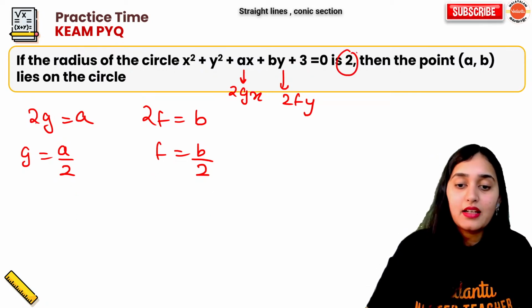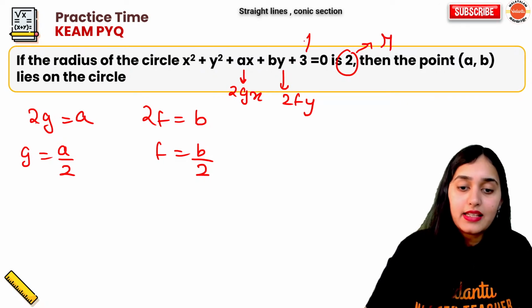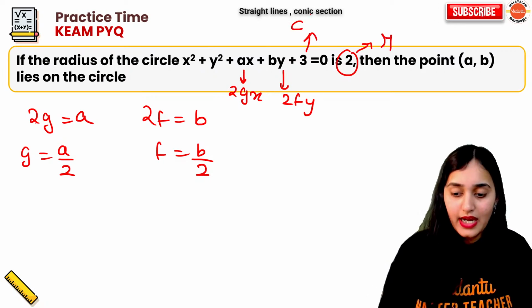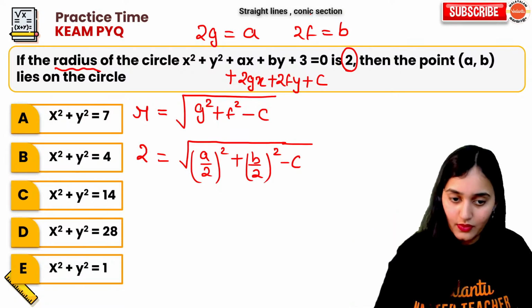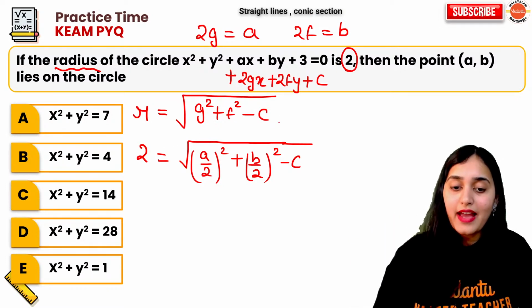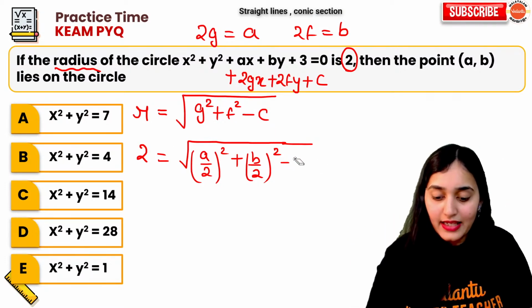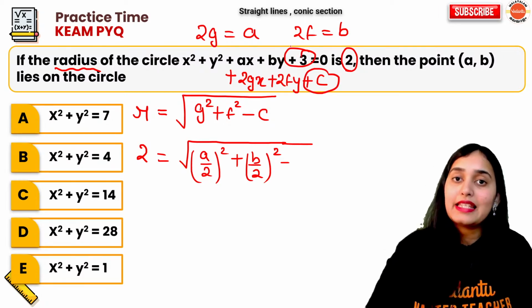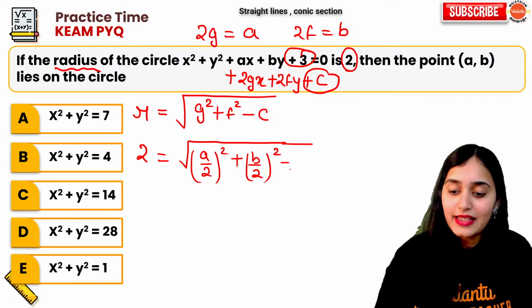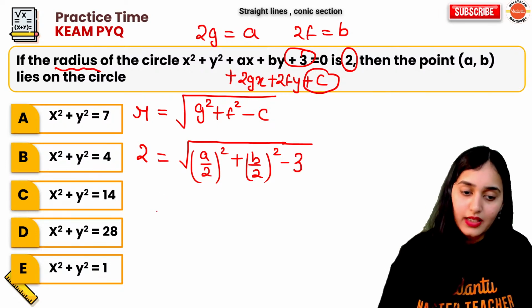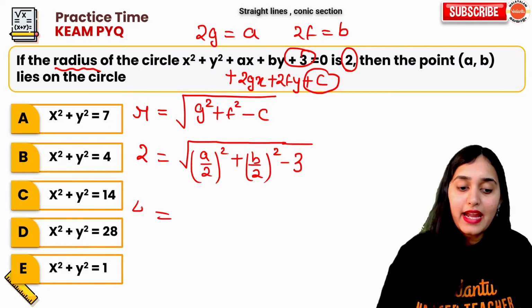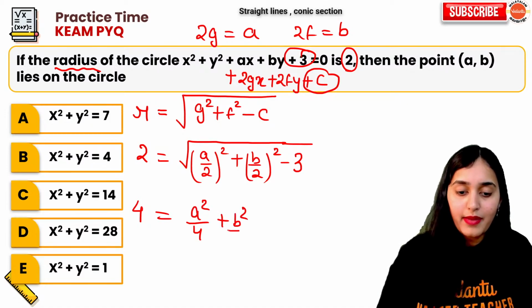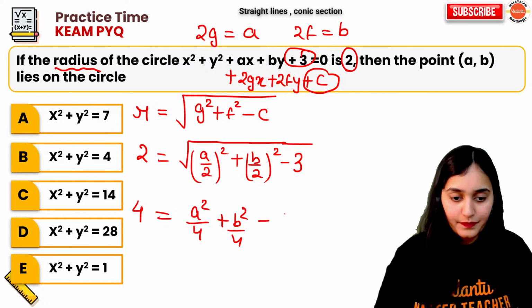This is the standard equation of the circle. So 2g is a, 2f is b, g is a by 2, f is b by 2. And this is given r, this is c. So we are just putting the values: g value, f value, c value. What is the c value? Minus 3, because c is 3, so minus c is minus 3. Now solve it. Squaring both sides, 2 twos are 4, a square by 4, b square by 4 minus 3.